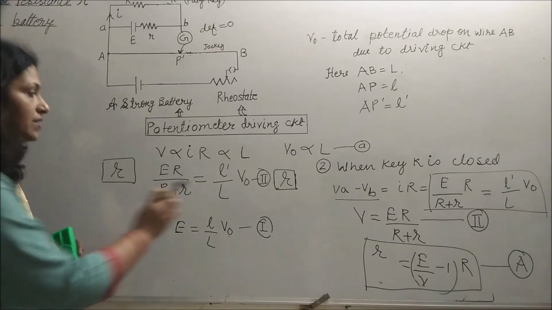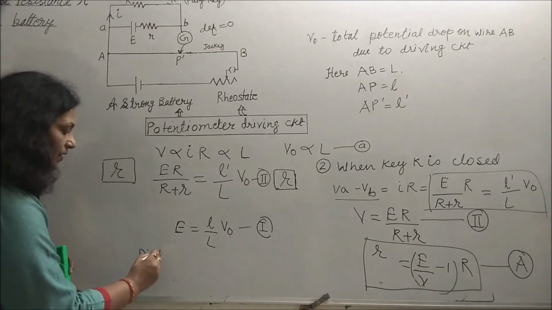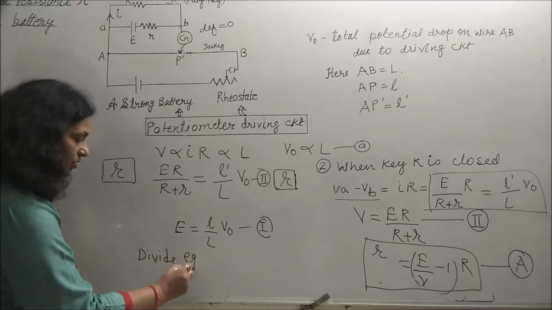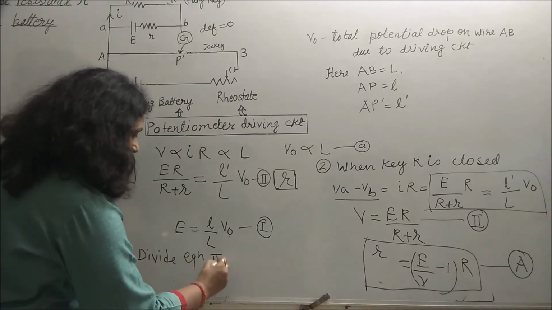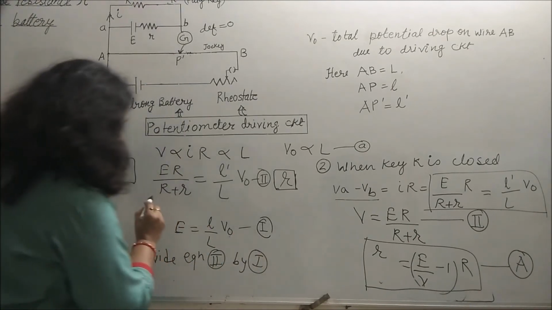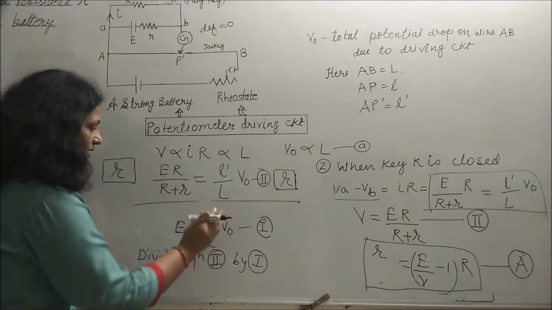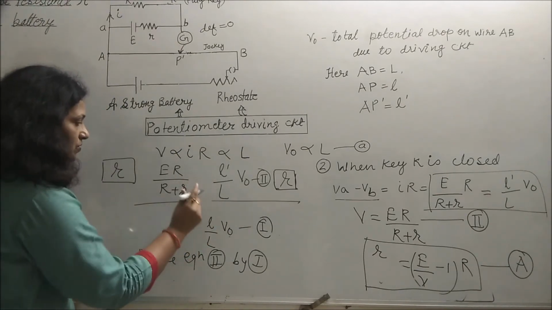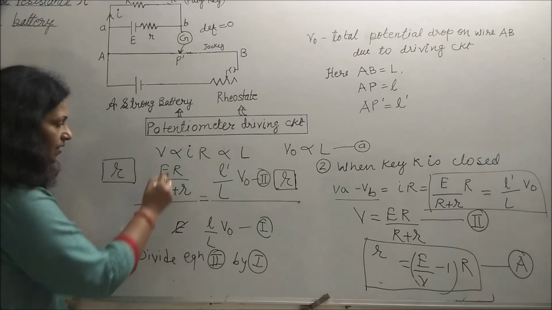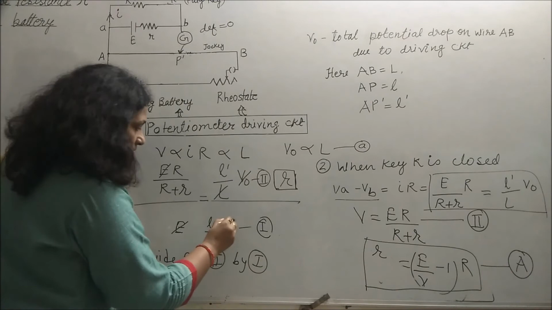So divide this equation 2 by 1. Okay, we can do it here. Divide these two, E will be cancelled, capital L, V naught.